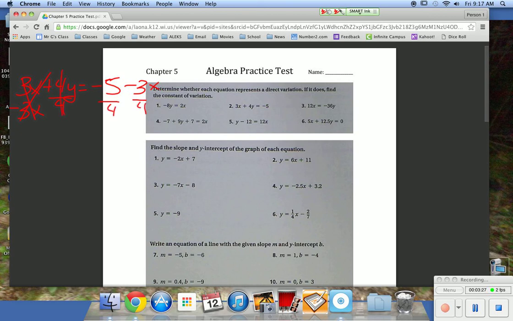These cancel. We end up with y equals 5/4 minus 3/4 x. Is that a direct variation? No. If that is a no, you just keep it at that and just write no.